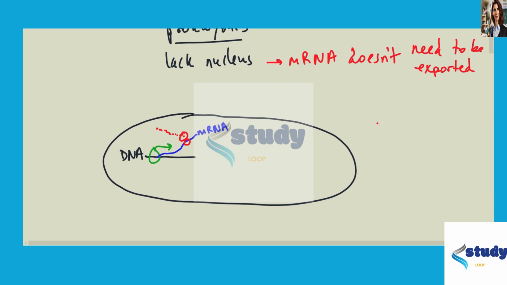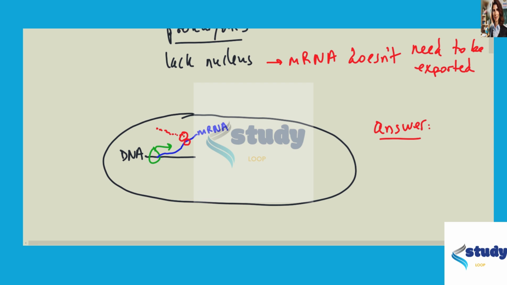So going back to our answer choices, what's the difference between eukaryotic and bacterial or prokaryotic transcription? Well, eukaryotic transcription can't take place at the same time as prokaryotic. There are consensus sequences, there are initiation complexes, and there will be termination sequences.